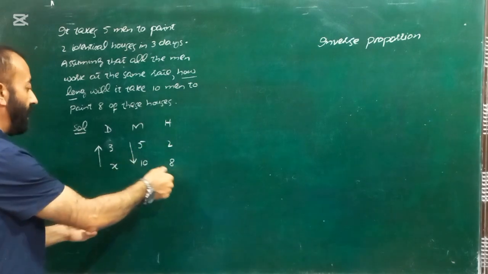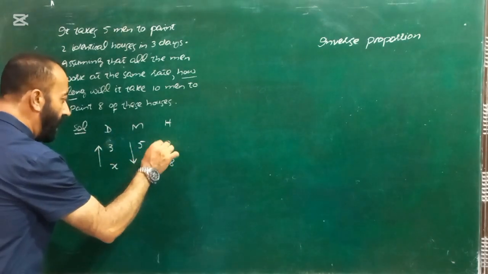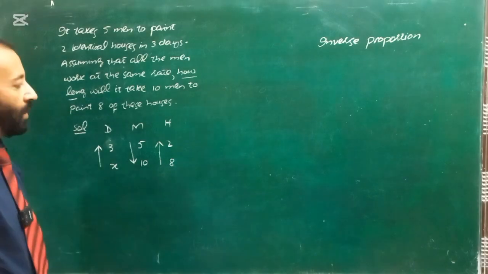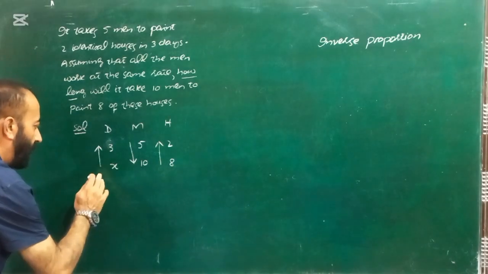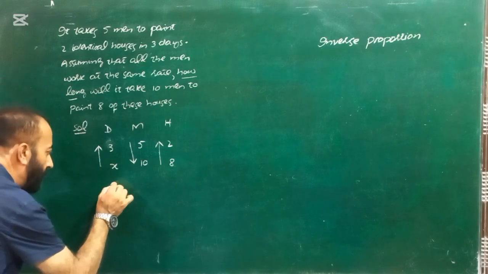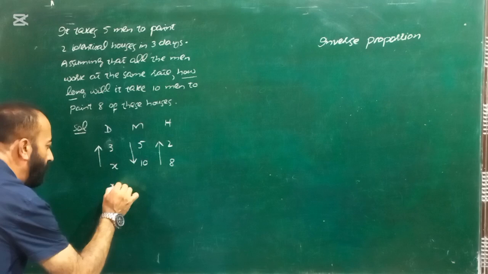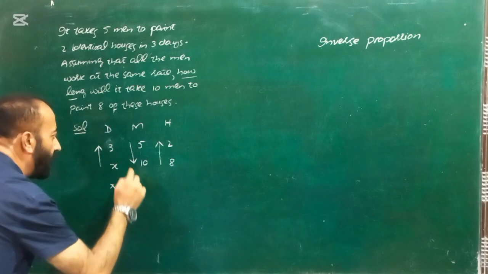So houses are increasing, days are also increasing, so it means an upward arrow will be there. The next step is, now you will put the value at the bottom of the arrow first and the top value later, then 4 dots.